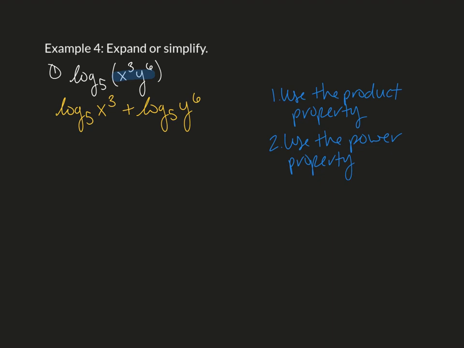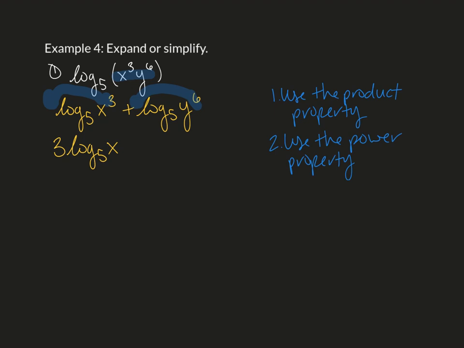It tells me that whatever the powers were, they are basically going to be moving to the front of the log and become multiplying. So for the first log, x to the 3rd, the 3 is going to move in front and multiply with log base 5 of x.